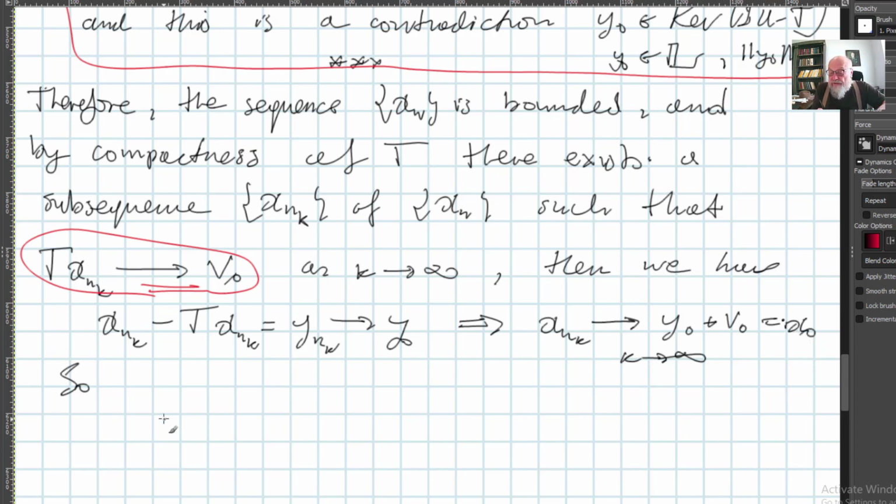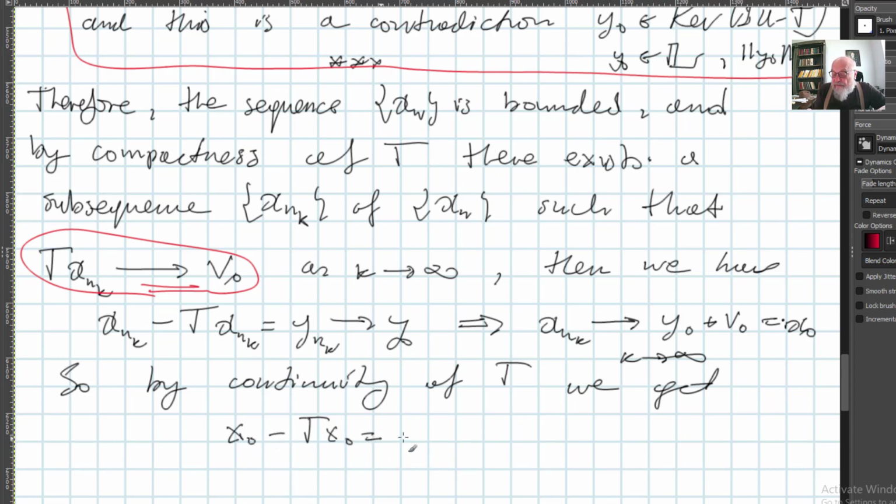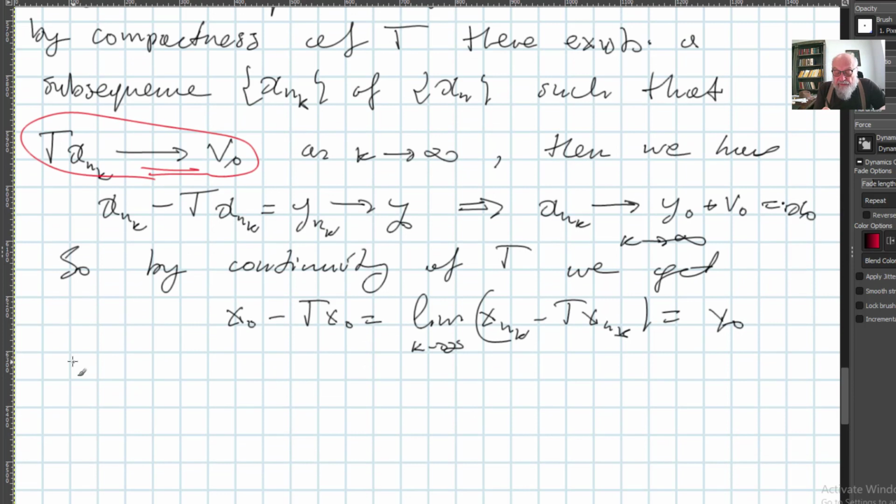By continuity of T, we get x naught minus T x naught is equal to 0, and this will be the limit of x n k minus T x n k, which is equal to y naught, and that proves the conclusion. So the remaining part is obvious.